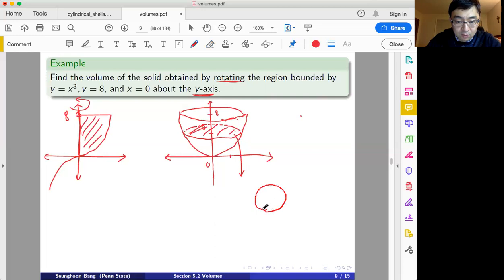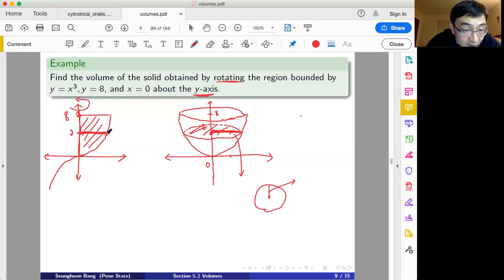You can choose a point here. What's the radius? This is the radius of the circle. Going back to the graph, choose y. The length of this segment is exactly the radius.